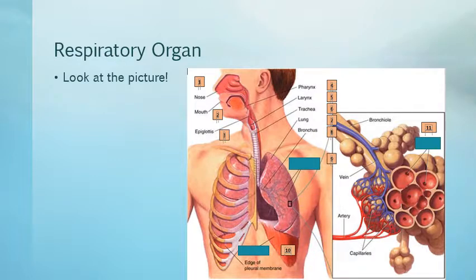Number 8, bronchus. Number 9, bronchioles. Number 10, diaphragm. And number 11, alveoli.